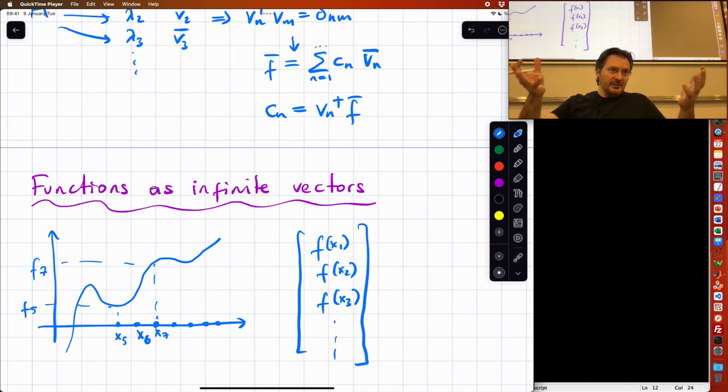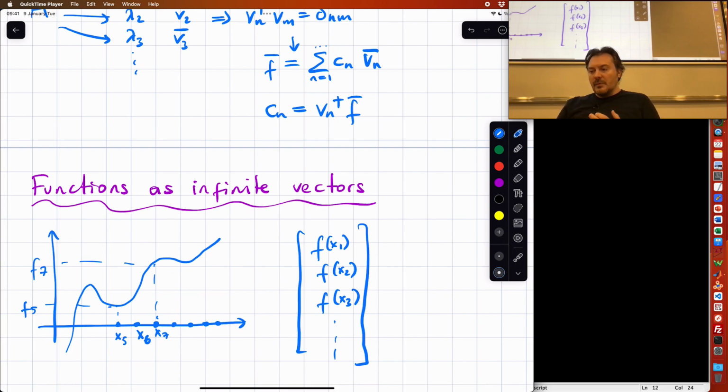So you decide on a resolution. Let's say from 0 to 1, I'm going to represent it with 100 points, so that you can make this infinite thing a finite thing in a computer or in your mind, right? You are making a grid of x, and in each grid point you place the value of that function.